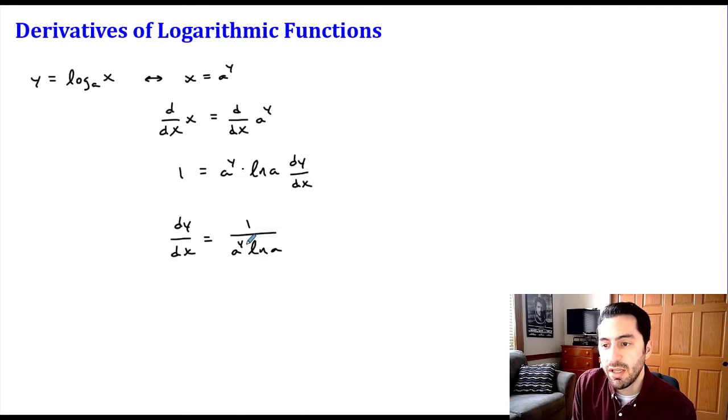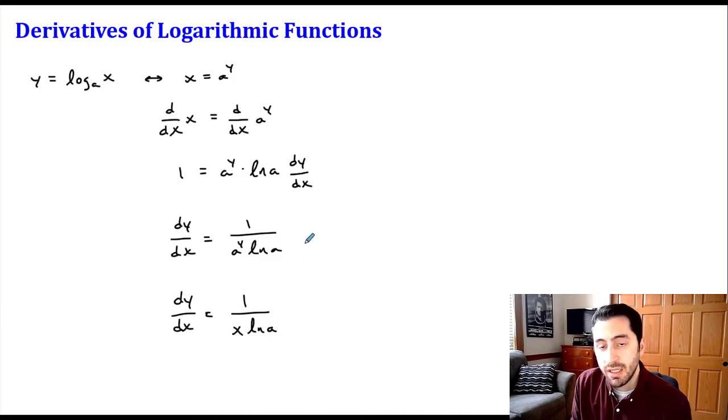But in the very beginning, we said x is equal to that exponential. So let's substitute that out. So we end up with our derivative, dy over dx, is equal to 1 over x times the natural log of a. And this is how we find the derivative of a logarithmic function.